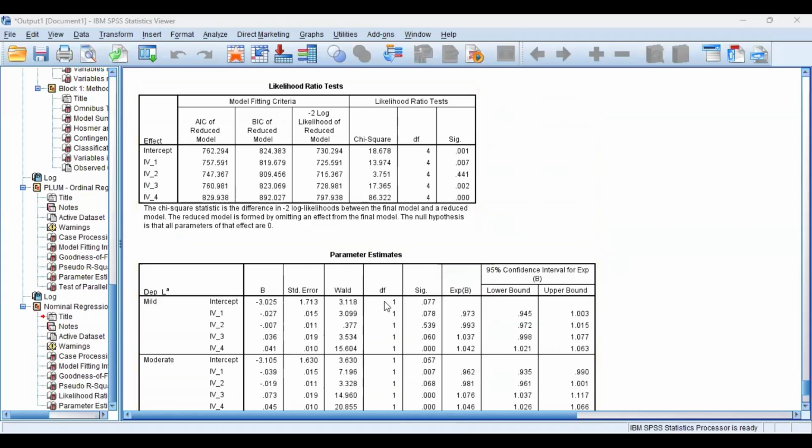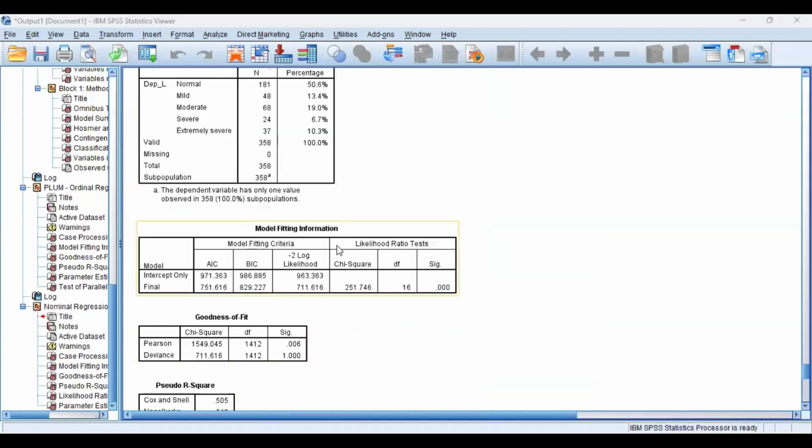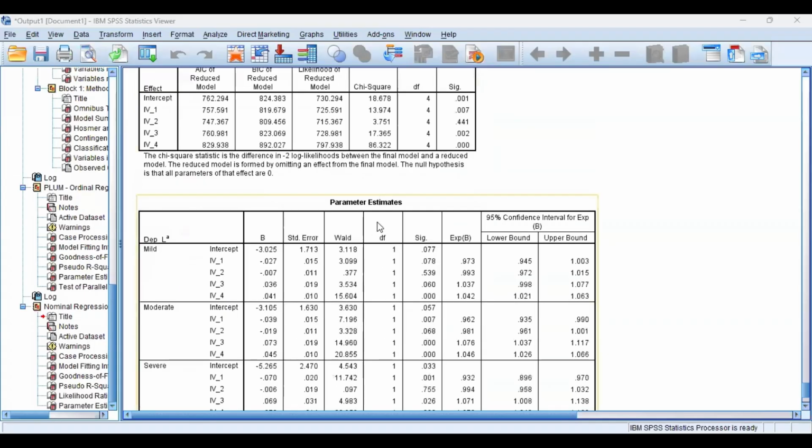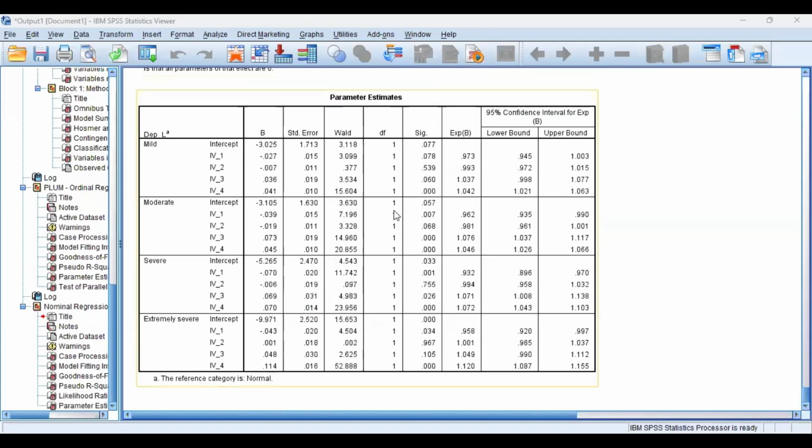For example, if an IV does not have any significant effect either in this table or the next one, then we had better run the model again with that IV removed. It would probably help to give a larger pseudo R-squared and better model fit in these indexes. But anyway, it's not something that can directly inform your hypothesis testing. This table is the most important table for your hypothesis testing.